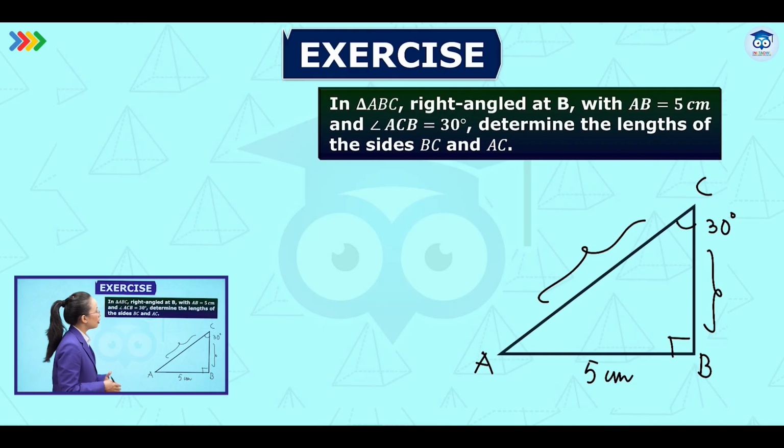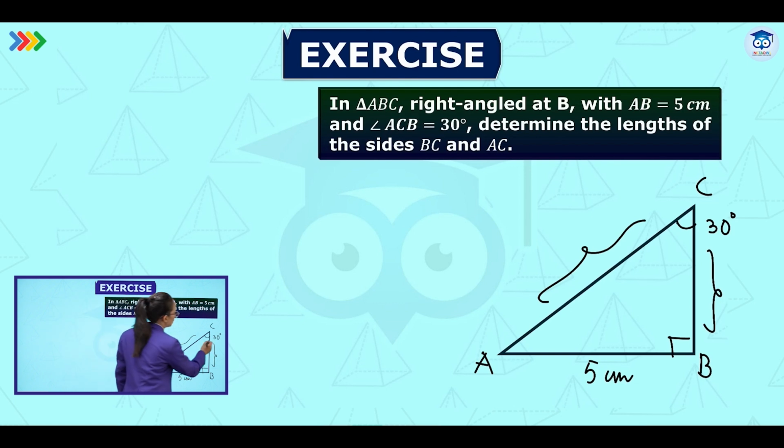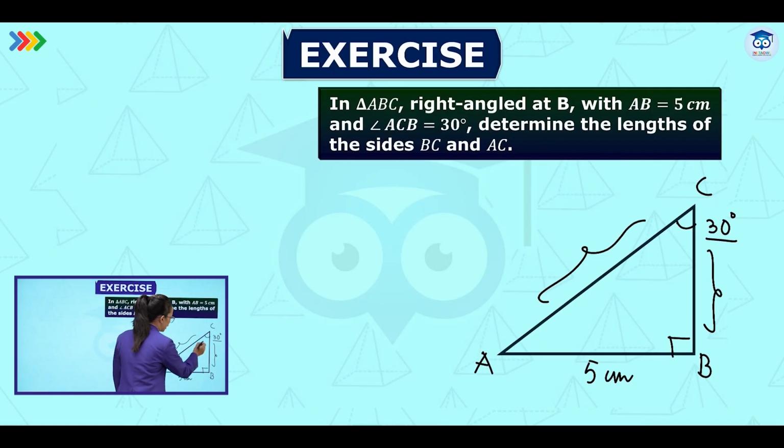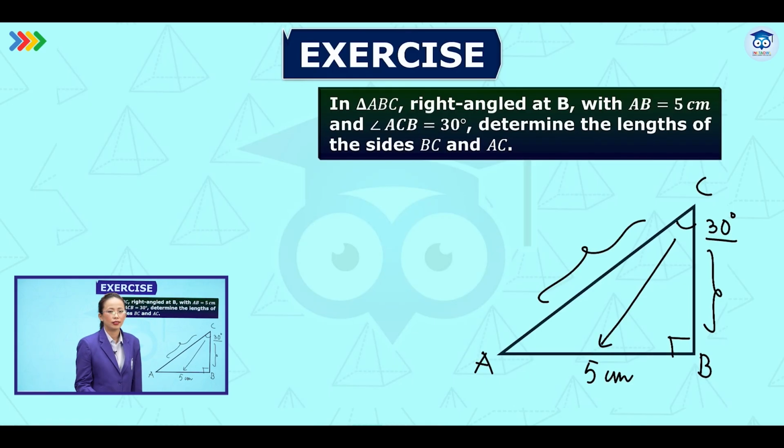Very easy. First of all, we are going to check if any angle is given. Yes, this angle is given. Now, with this angle, can you relate the side? In which trigonometric ratio are we going to use this side? For finding this, we will be using the sine.